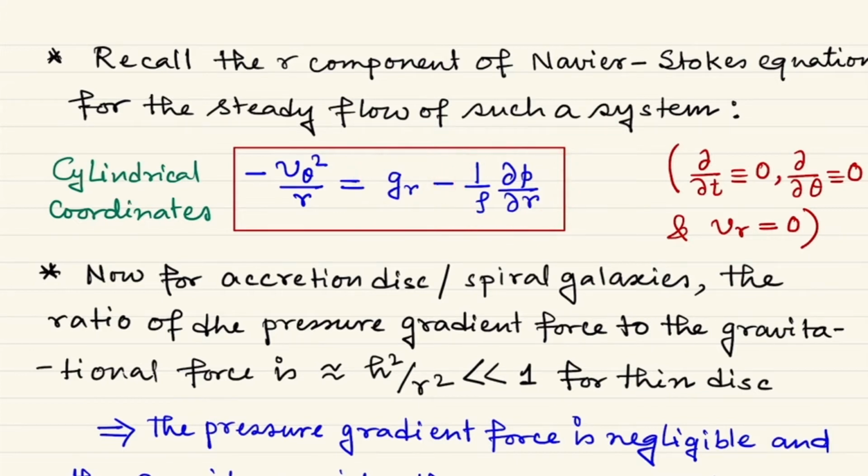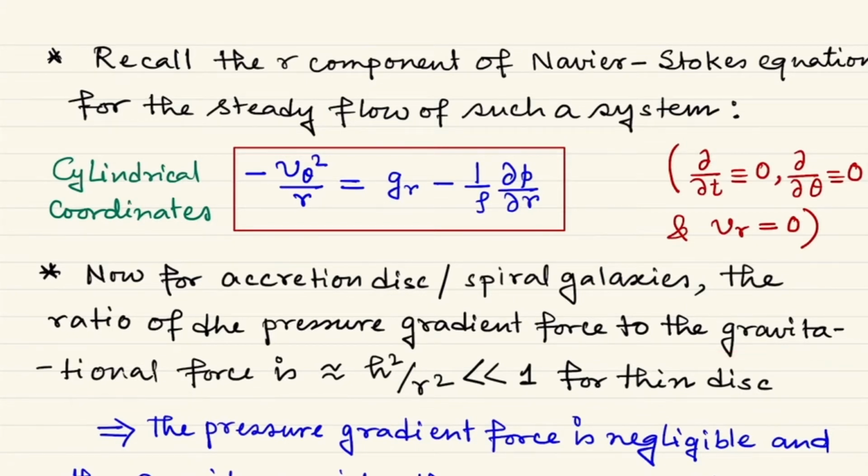So if you remember that for accretion disks and spiral galaxies, which are thin, we can in practice neglect the pressure gradient force. The net acceleration due to the pressure gradient force will be negligible with respect to the gravitational acceleration.